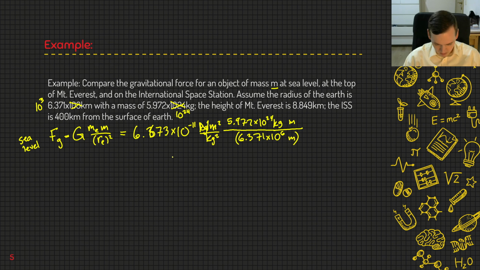So 6.673 times 10 to the negative 11th, times 5.972 times 10 to the 24th, divided by 6.371 times 10 to the 6th, squared.